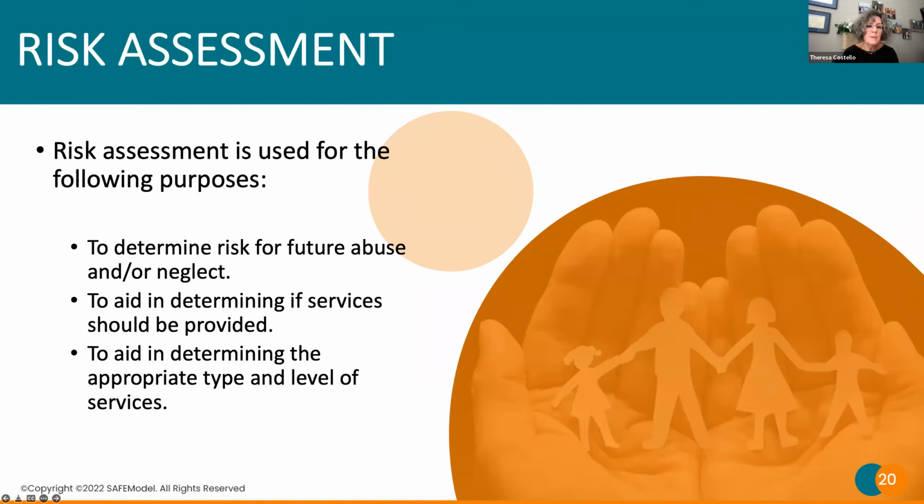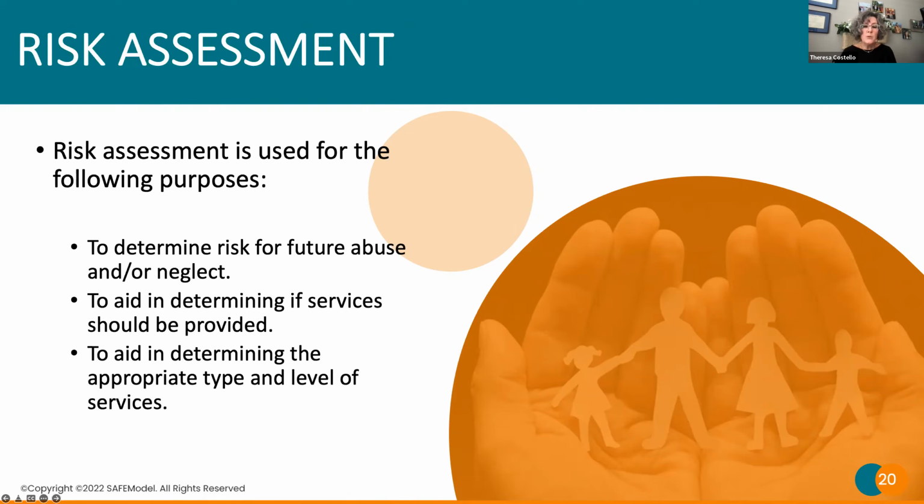And when we think about risk assessment, in our earlier conceptual framework picture, we talked about risk as looking at the likelihood of future maltreatment, understanding the information we've gathered in those 6 domains. We want to understand the likelihood of maltreatment occurring again within this family.